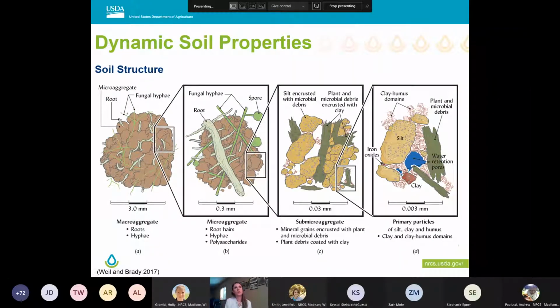So when we talk about structure, I think the main focus is really these aggregates. Aggregates form when soil particles stick together. They're cemented or glued together by clay, organic matter, microbial exudate. As microbes, bacteria, and fungi break down, as they excrete different compounds, that's really the glue of the soil that helps build these aggregates. They can be cemented by iron and aluminum oxide, silica, lime, root hairs.